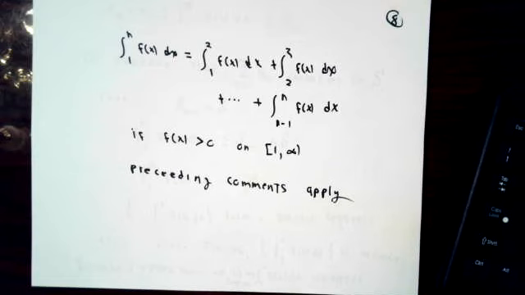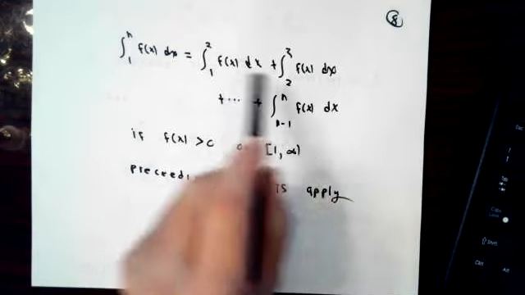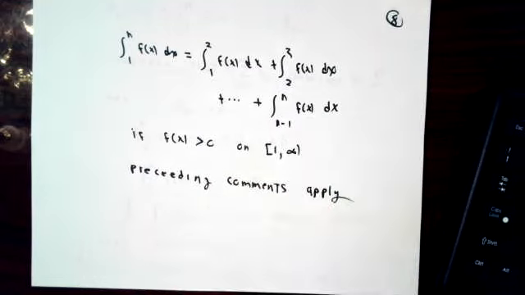Also, the Bn's could be some simple things, or they could be these integrals that we're looking at. If I'm integrating a positive function, I have to get a positive answer. So when I add up these kinds of things, these are like the Bn's of the previous page.